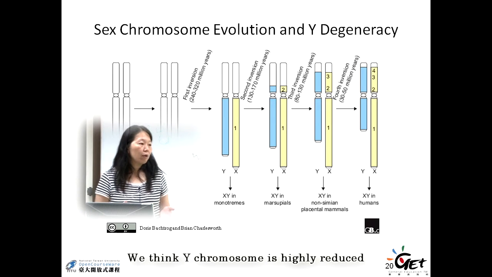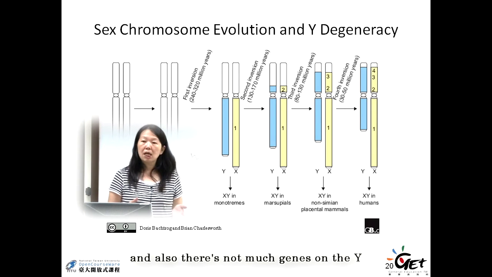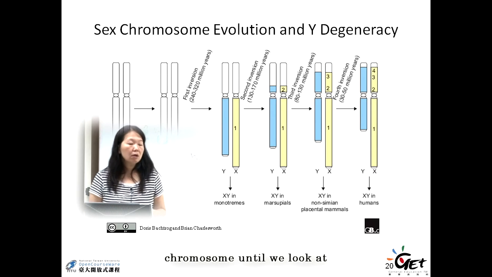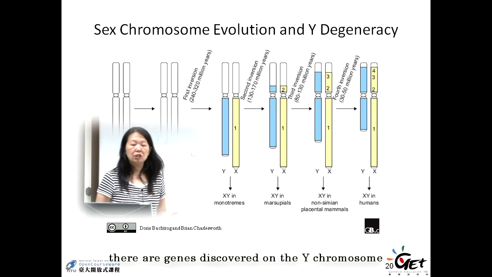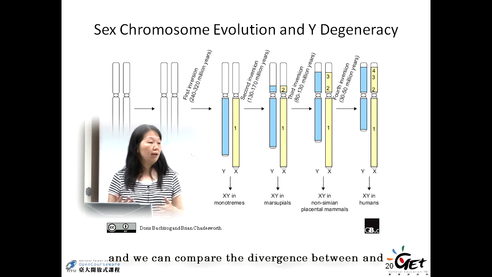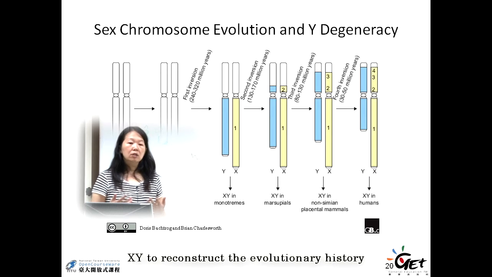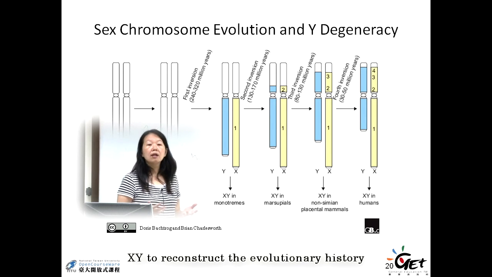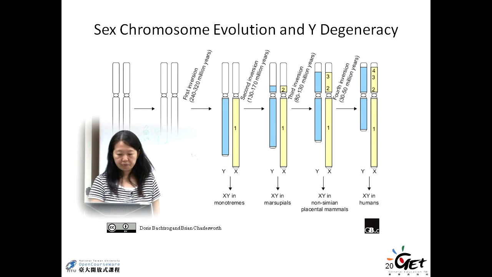We thought the Y chromosome was highly reduced, with not many genes, until we looked at its genomic sequence. Genes were discovered on the Y chromosome, and we can compare the divergence between X and Y to reconstruct the evolutionary history of sex chromosome evolution.